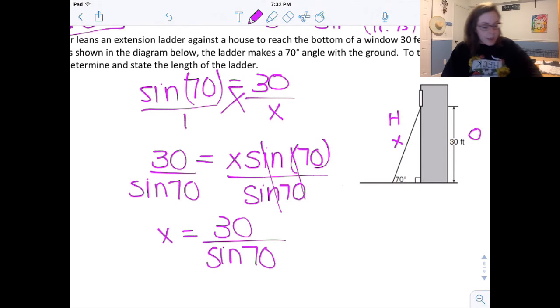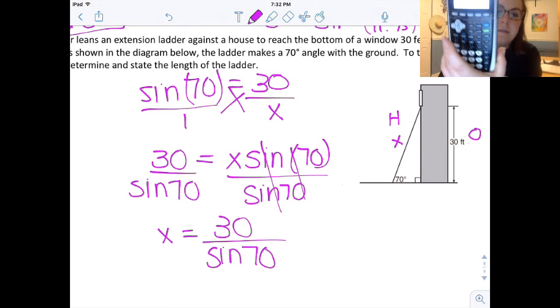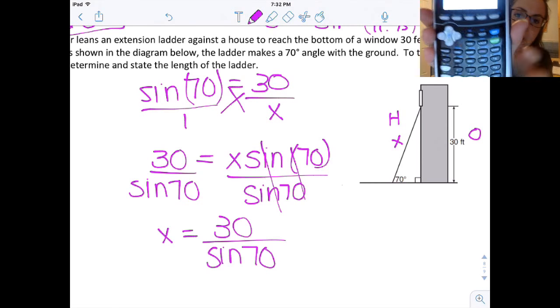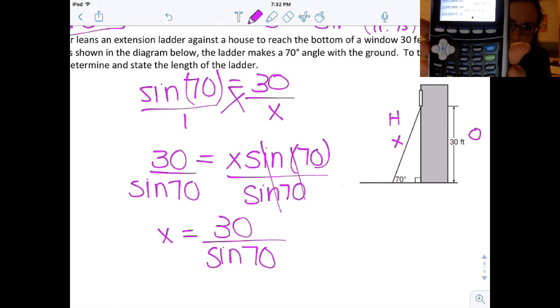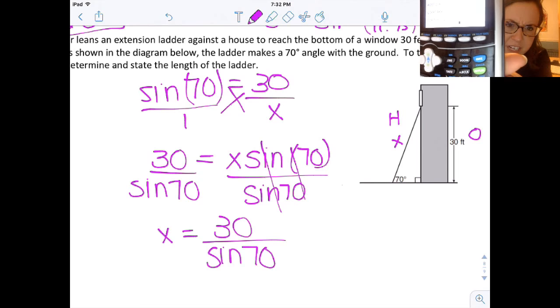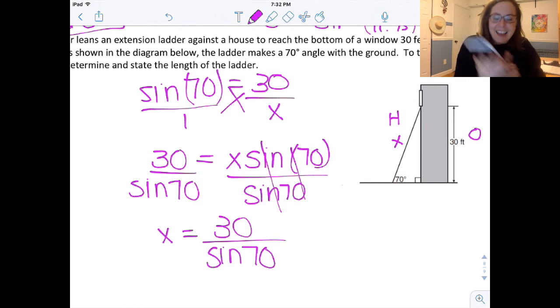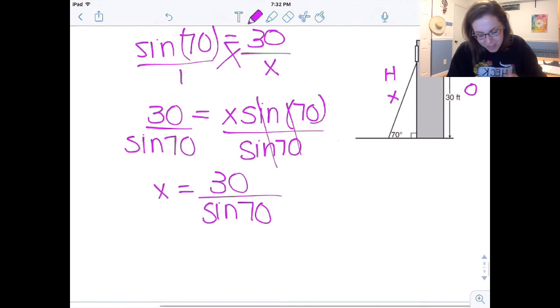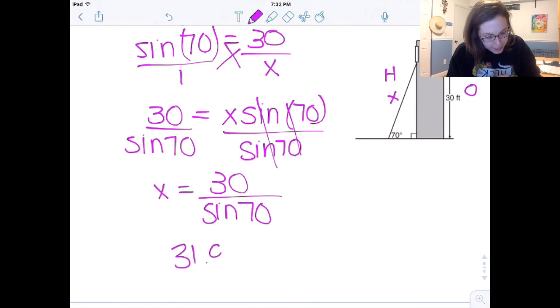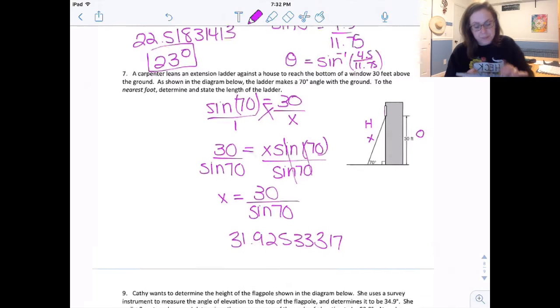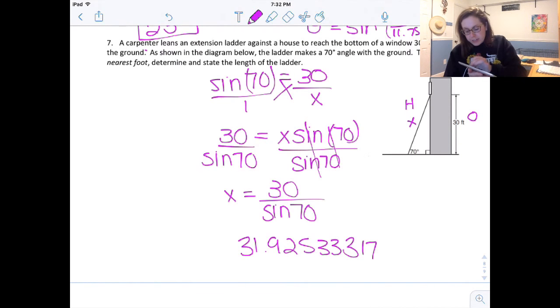Now I'm just going to put that into my calculator. 30 divided by sine of 70. Oh, guys, sorry, that's hard to read. And that comes out to be 31.925333317. So, to the nearest foot, what would that be? That would be 32 feet.